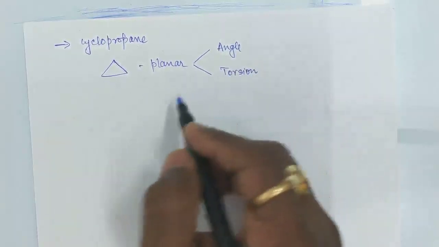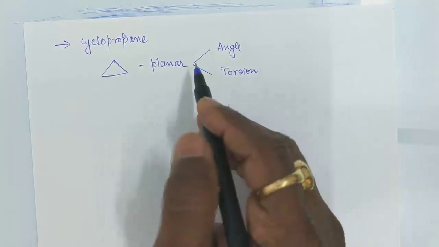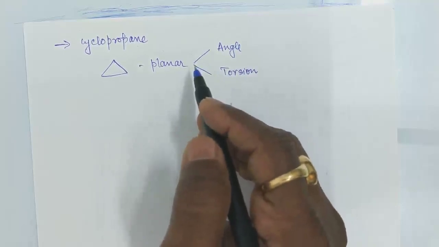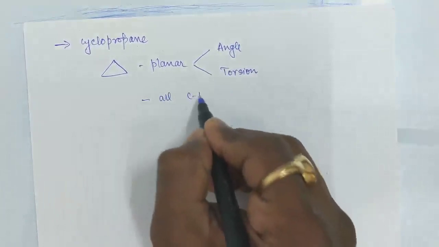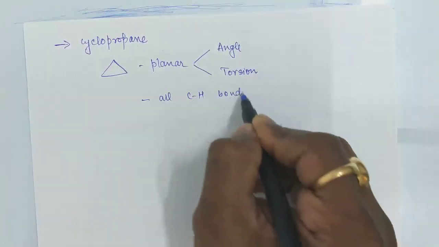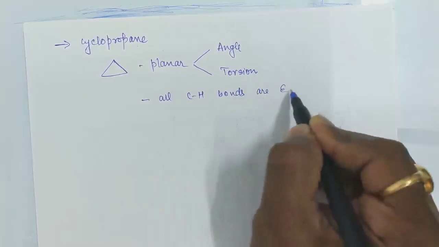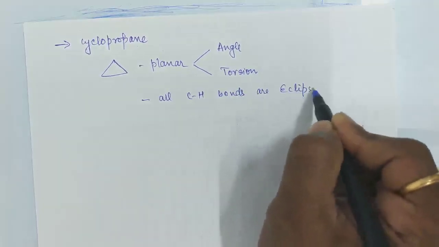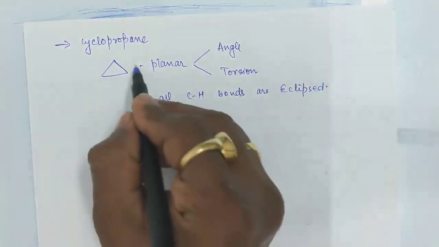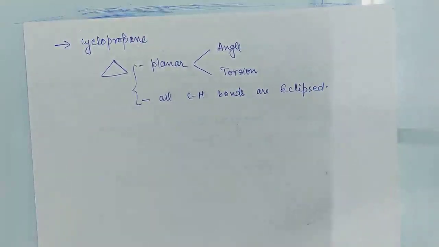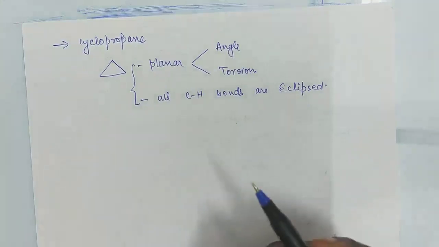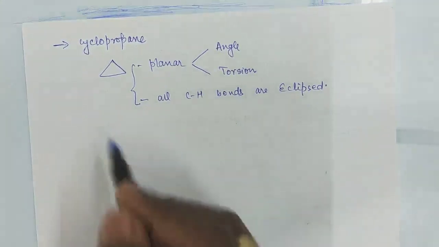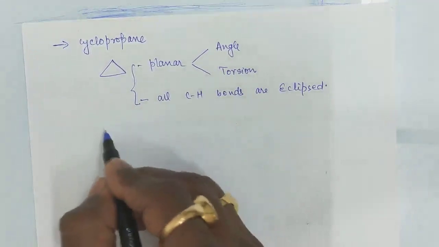And in this, all carbon-hydrogen bonds are eclipsed. So this is the cyclopropane.